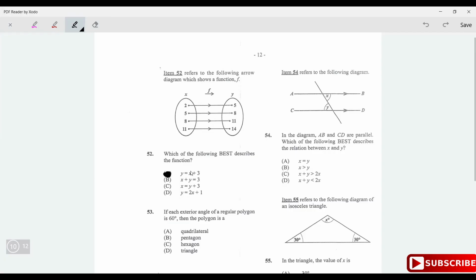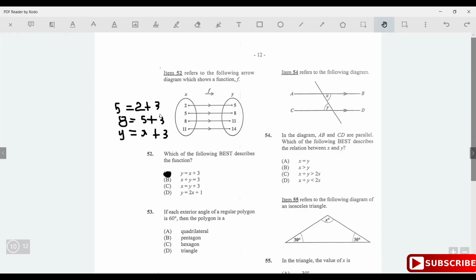For example, in this case, 5 is equal to x plus 3. 5 is 2 plus 3. In the second one, 8 is equal to 5 plus 3. And it continues. So you can rewrite now, y is just equal to x plus 3. Nice and easy. Soft. Capital T.